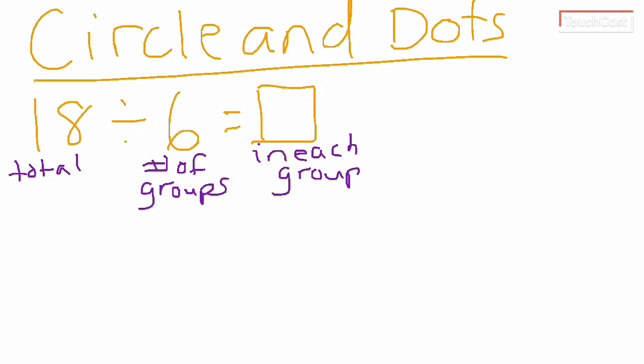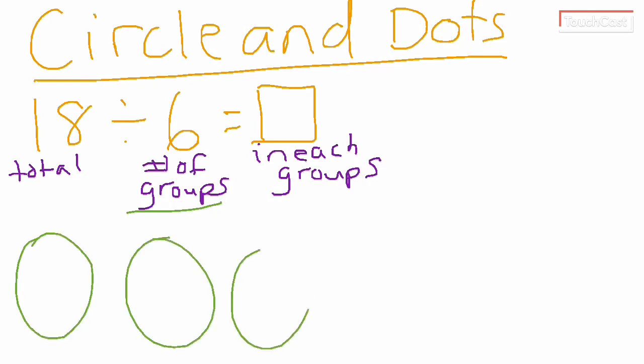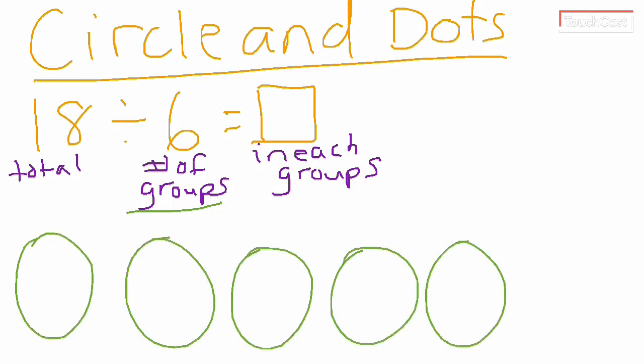Okay. Now, since we know how many groups we have, we are going to start by drawing our 6 circles. 1, 2, 3, 4, 5, 6. Okay? So now that we know we have our 6 circles, remember, we don't know how many are in each group, but we do know how many we have in total.